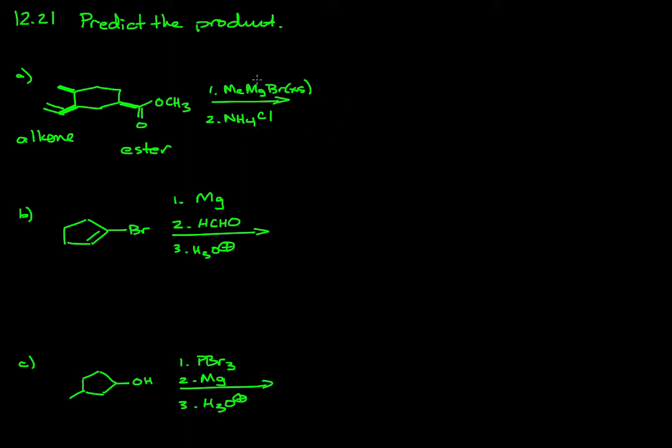Since we're treating with an excess of methyl magnesium bromide, the first product will be addition of methyl carbanion to the ester. That is going to take the ester down to the ketone. We'll put in the remaining functional groups that are not participating in this reaction.